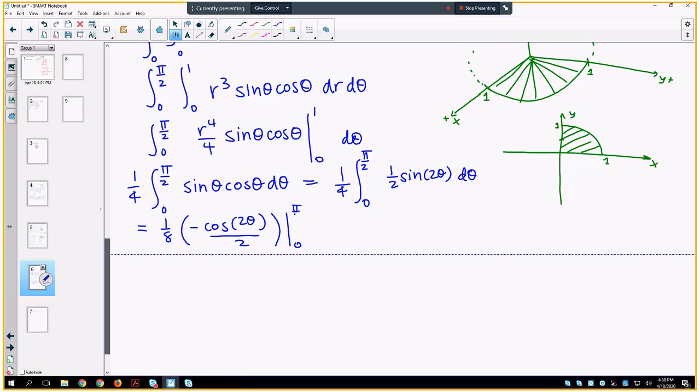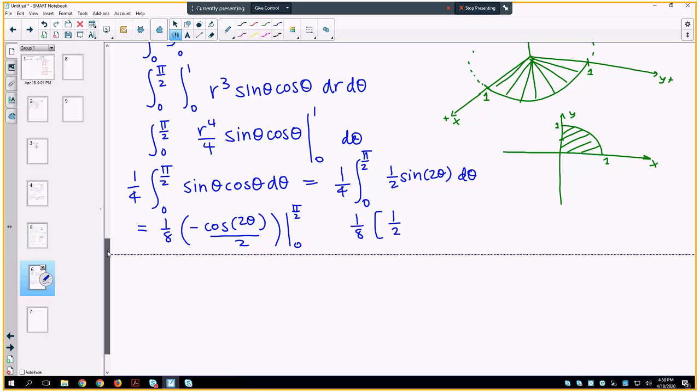If I plug in pi over 2, I have cosine of pi, and cosine of pi is -1. Negative times negative is positive, so I get 1/2 from plugging in pi over 2.